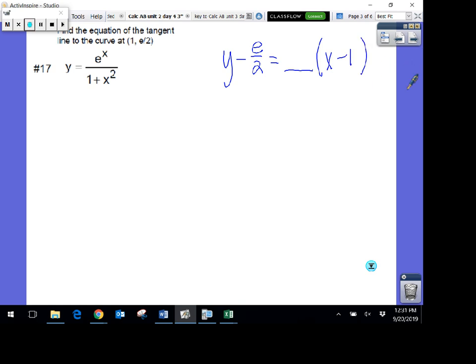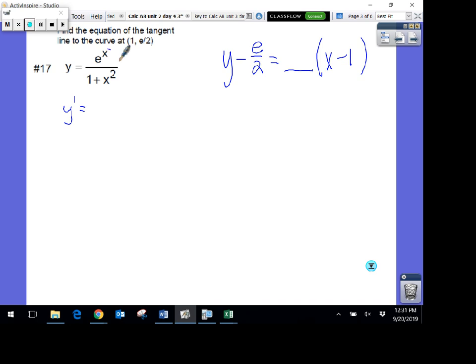So we need to find the slope of the tangent line at 1. So y prime. We cannot split this up like we could yesterday. If you can split it up into 2 and use add and subtract, do that, but we can't do that. We can't say e to the x over 1 plus e to the x over x squared. That doesn't work in the denominator. These are flip-flop. E to the x would be your common denominator, but you can't do that here.